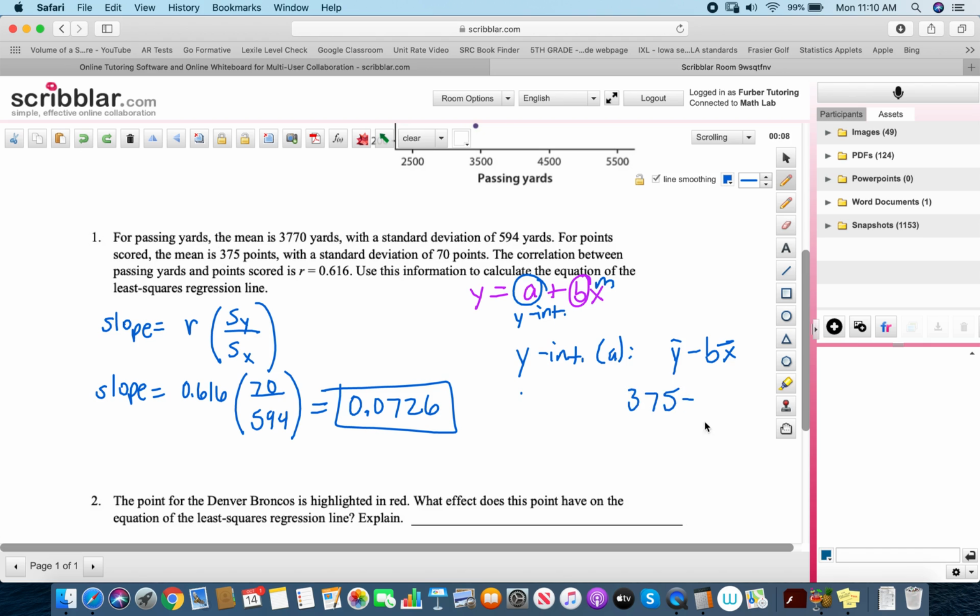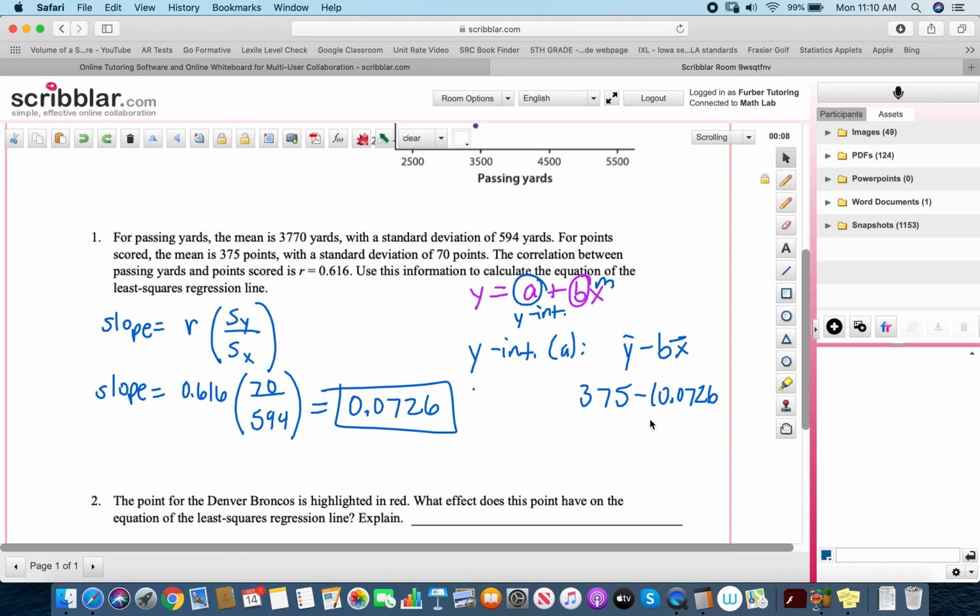Minus b, we just found. B is 0.0726. Here, let me scoot this over a little bit. And then I'm going to use the mean for the x, which is 3,770.